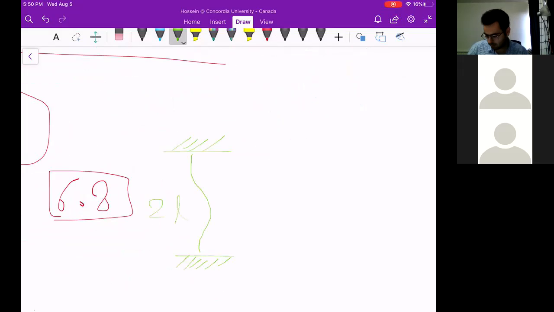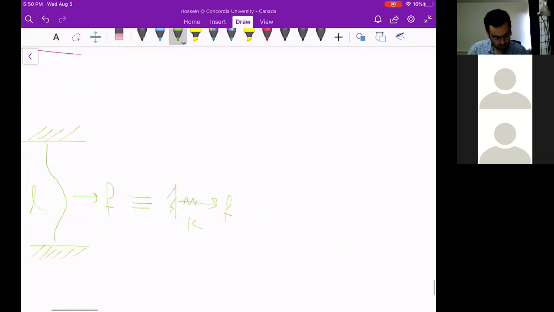With length 2L, if there is a force F, you could model it by a spring, K. If you model it by a spring, K would be 192 EI over 2L cubed.